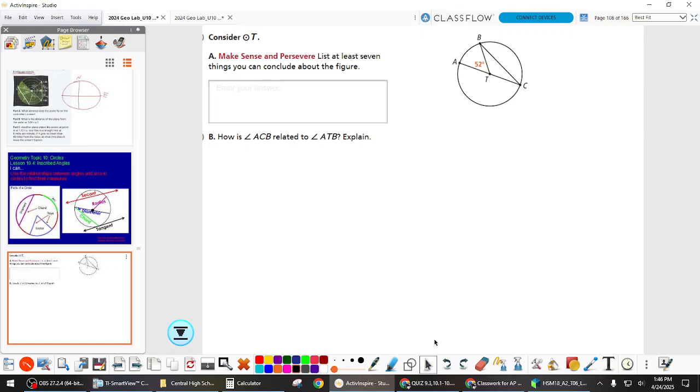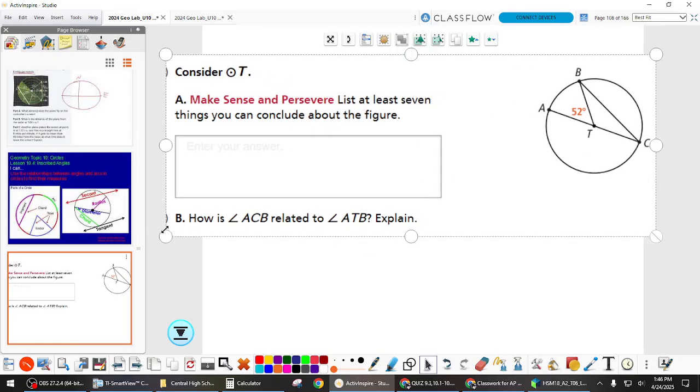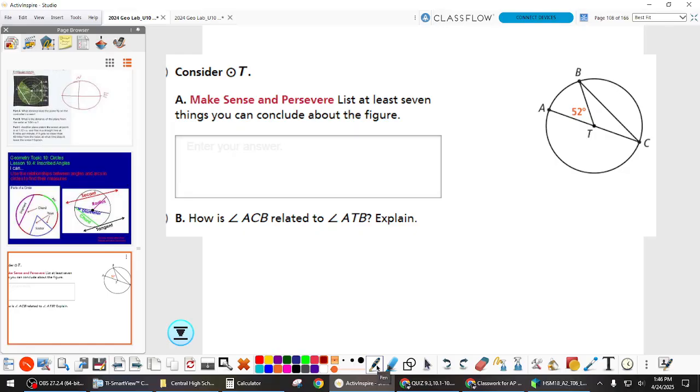That was too small. What is the measure of angle C? This angle right here. What's the measure of it? Raise your hand and you can tell me. Good. 26, yeah, because this is a central angle, right?